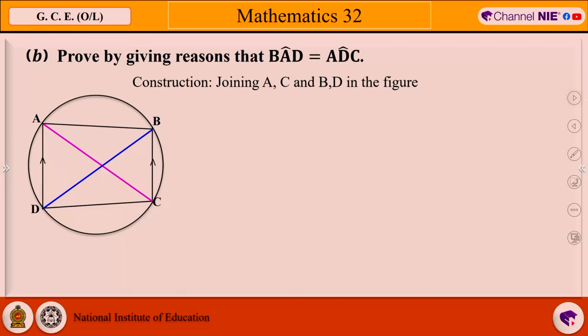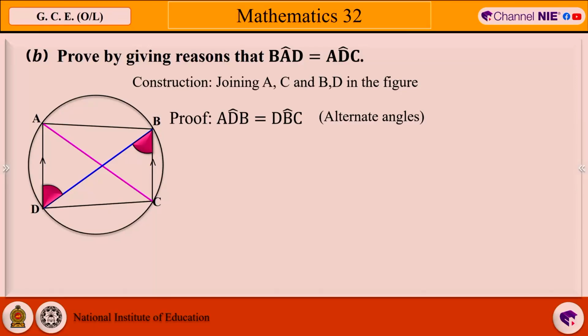Right. Check whether you can observe this relationship. ADB and DBC, are they equal? Yes, of course. What are they? They are alternate angles. Since AD is parallel to BC, ADB equals DBC. Okay. Next, now look at this angle and this angle.